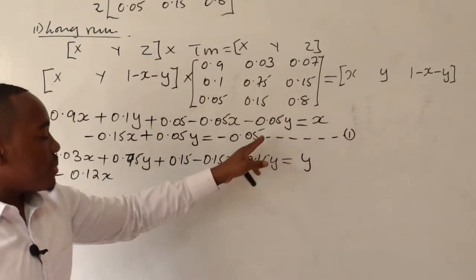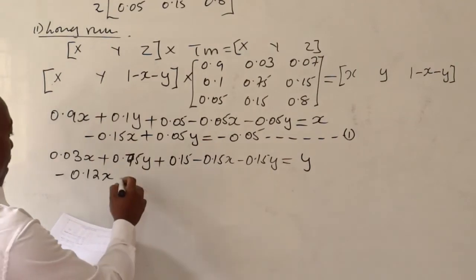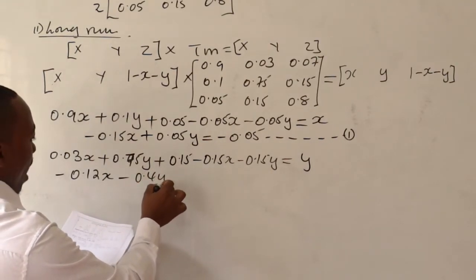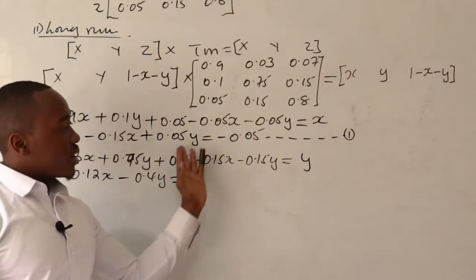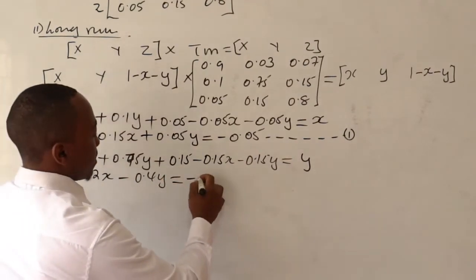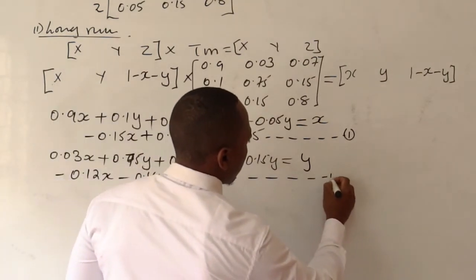If you take this one to the other side, it becomes a negative. So what you get there? You have minus 0.4y is equals to, now this 0.15, if you take it to the other side, it will be negative. So it will be equals to negative 0.15. You can call it equation number 2.